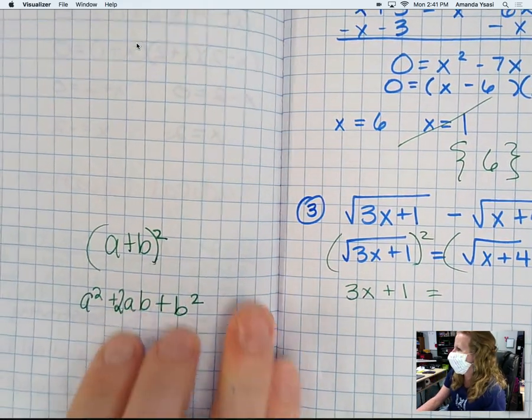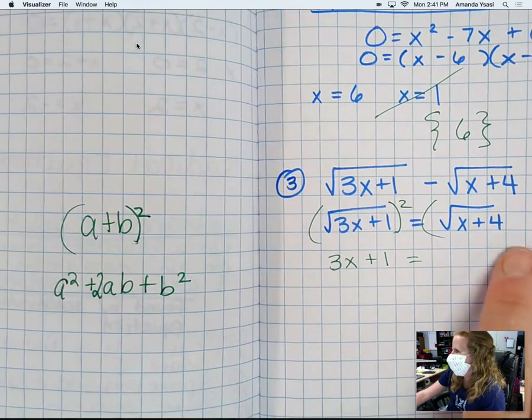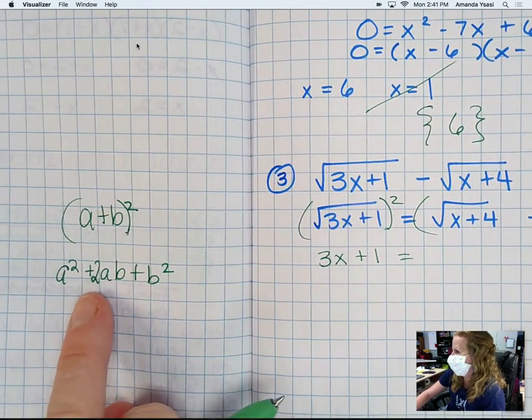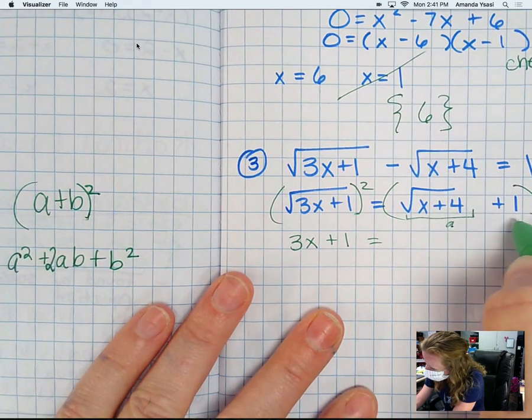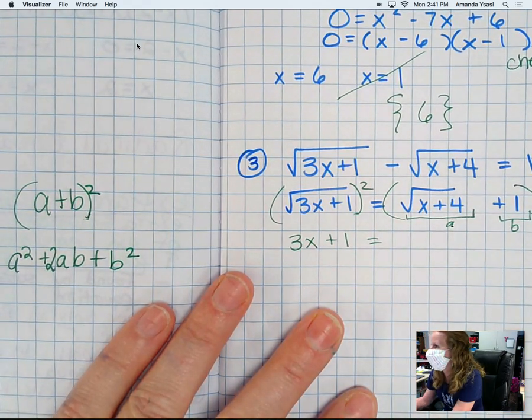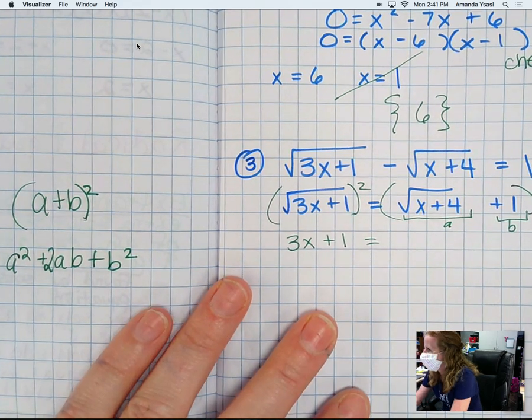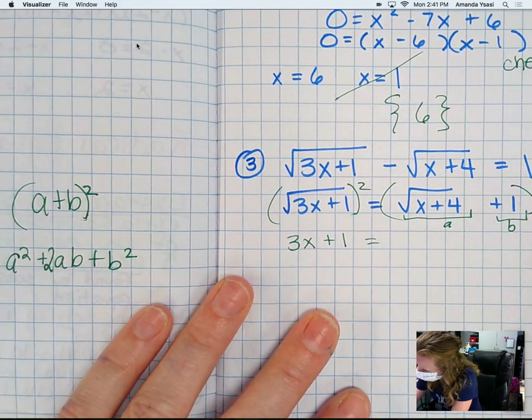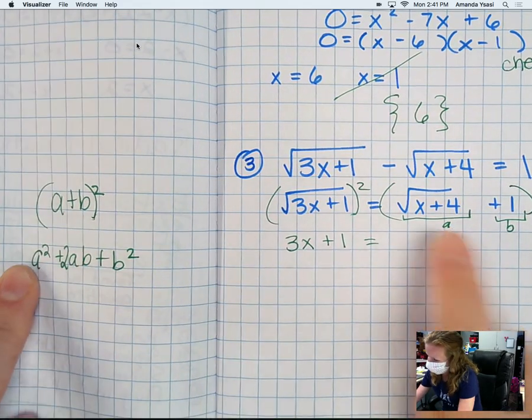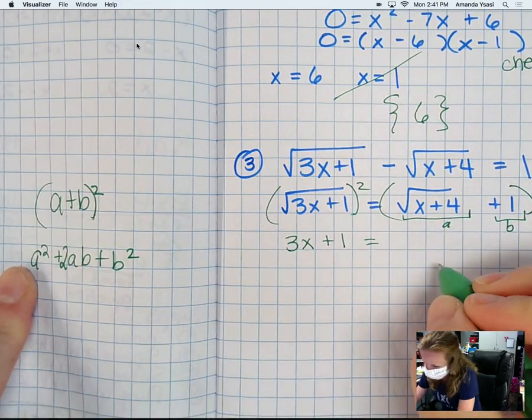So to think about this in terms of this, this would be our A, and this is our B. So then our A squared is square root of x + 4 squared.